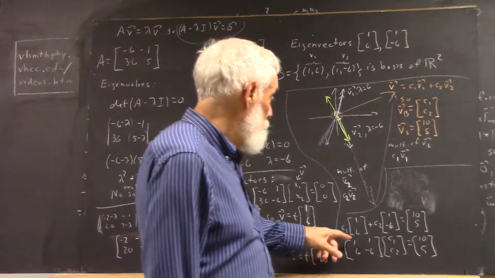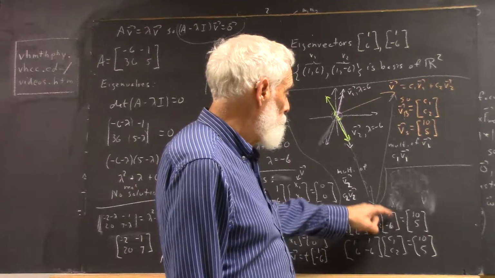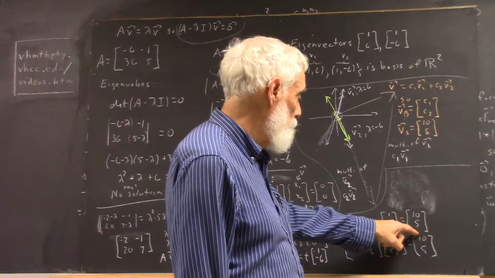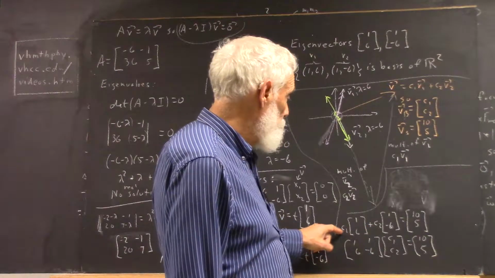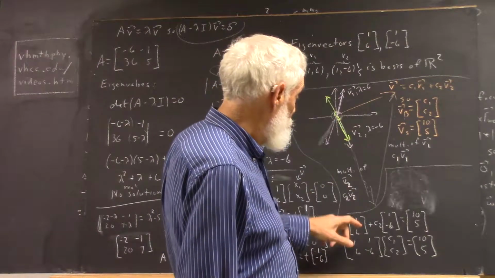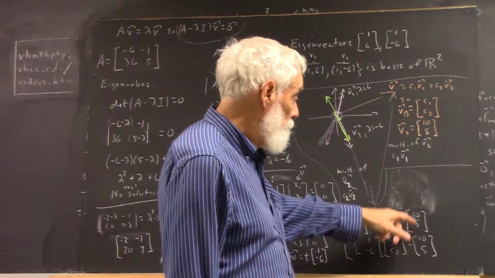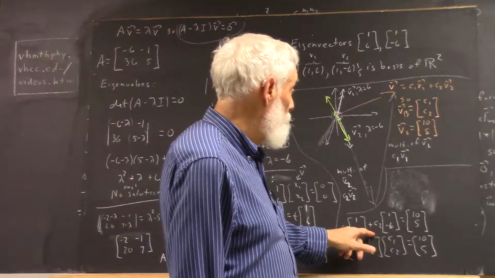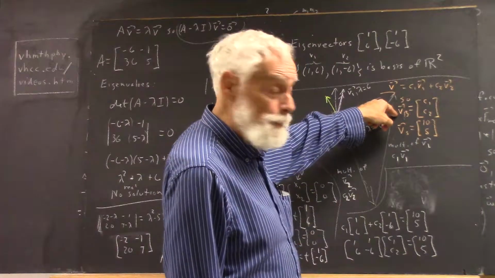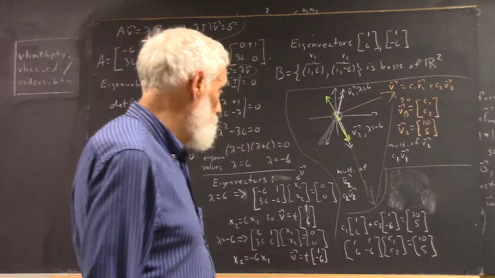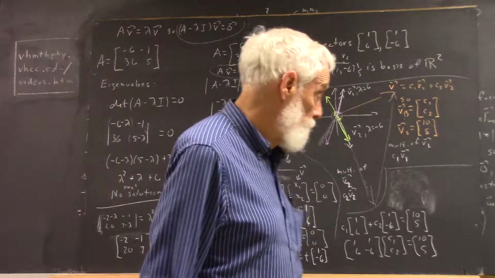Well, that equation is easily written as C1 times 1, 6 plus C2 times 1, negative 6 equals 10, 5. If we can find the C1 and C2 to multiply by 1, 6, this vector, and by 1, negative 6, this vector, to get 10, 5, then I have my C1, C2 representation of the vector with respect to the eigenvector basis. Well, this translates into this matrix equation, okay?